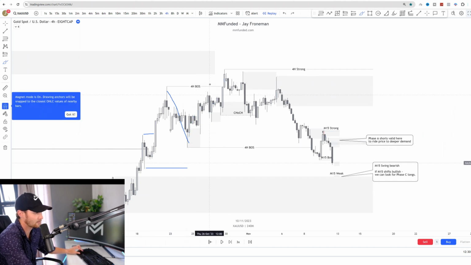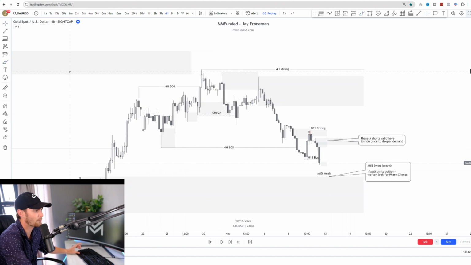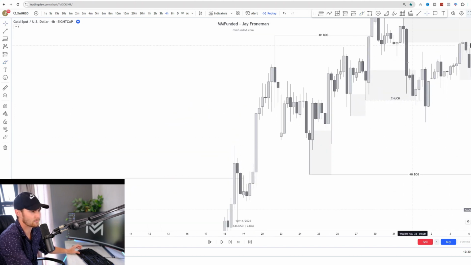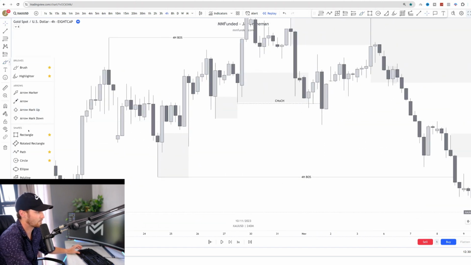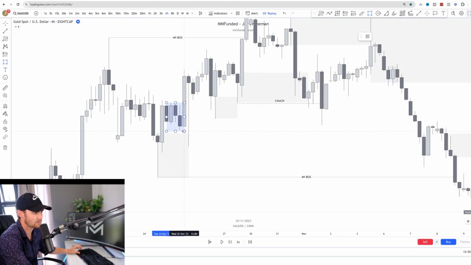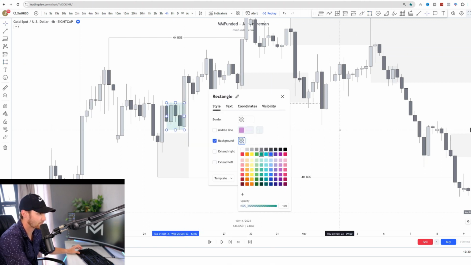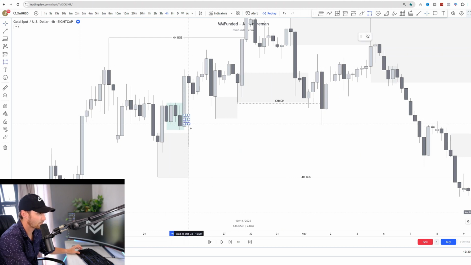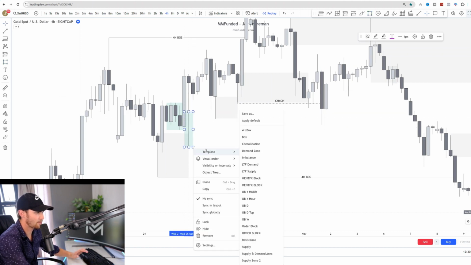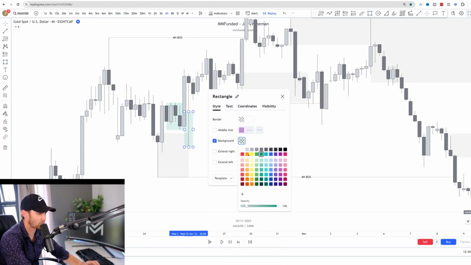And again, immediately, if you look off the bat, let me mark this out for you. Accumulation. Okay, let's just put that in a green box. Manipulation, the sweep of that range. Let's put that in our red box.